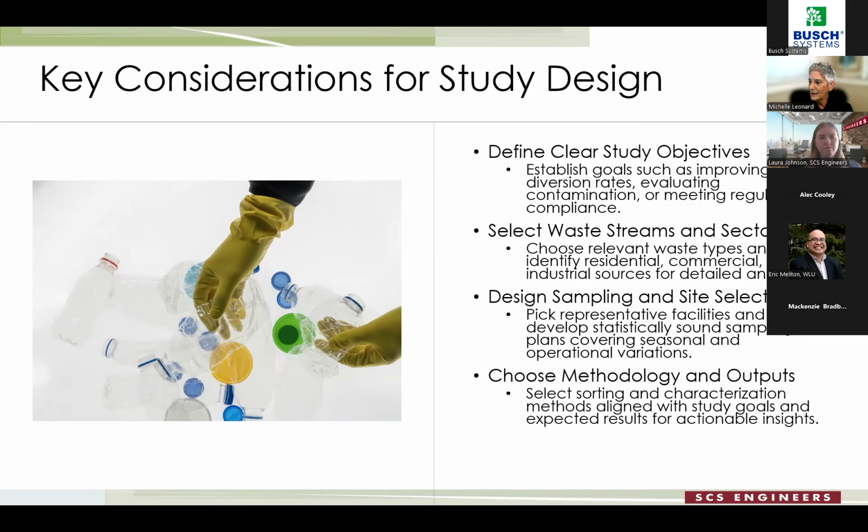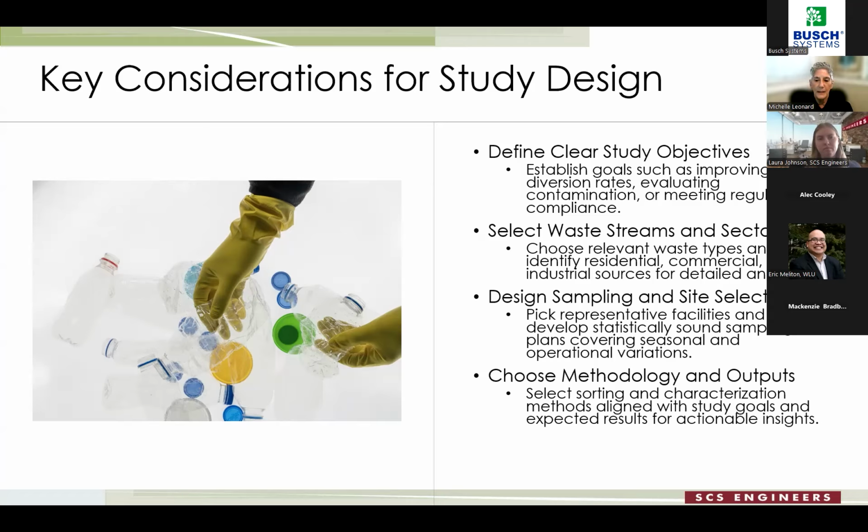And then finally, the methodology. As I explained in the previous slide, we do either physical or visual characterizations, or sometimes a hybrid method where we will physically sort the residential and commercial waste streams, and then we'll visually sample the construction and demolition. Each has a trade-off in terms of accuracy, cost and operational feasibility.